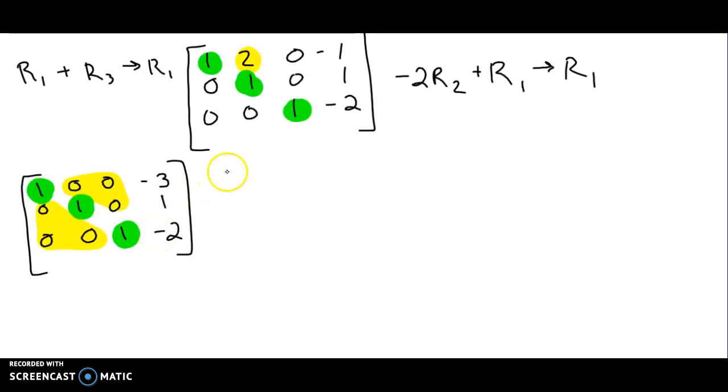The first row is x, so you get x equals -3. The second row tells us y equals 1. And the next row tells me that z equals -2. So my solution for this entire linear system is -3, 1, -2.